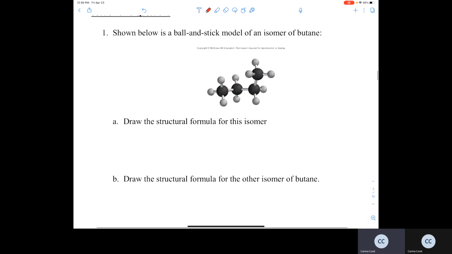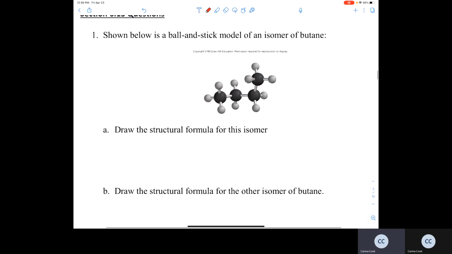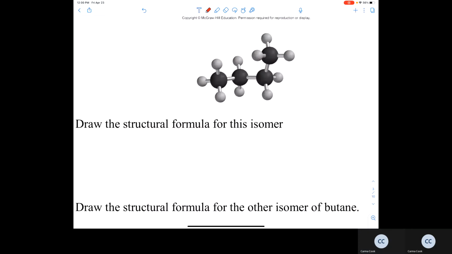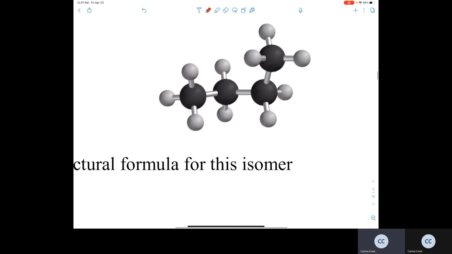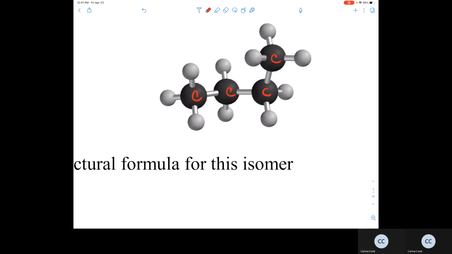So in the following question, we have an isomer of butane. And so each of the dark black spheres are carbons, and then each of the gray spheres are hydrogens.